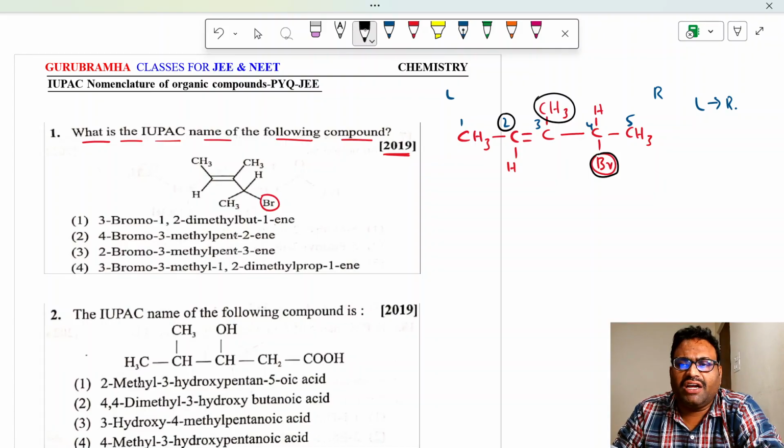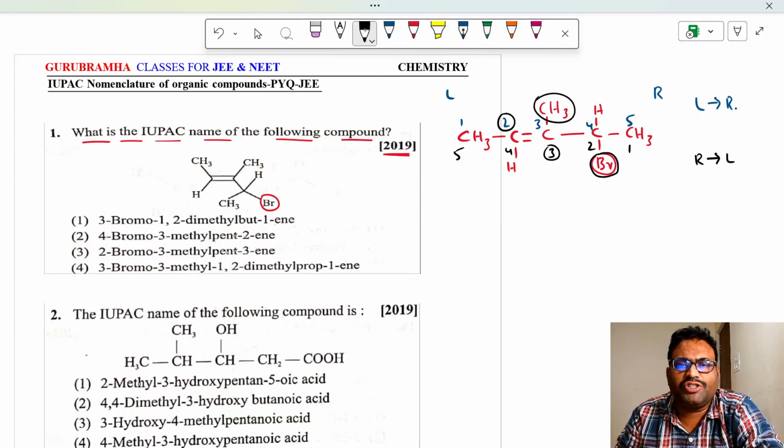But when you are numbering from right to left, 1, 2, 3, 4, 5, you are finding the double bond at the third carbon atom.